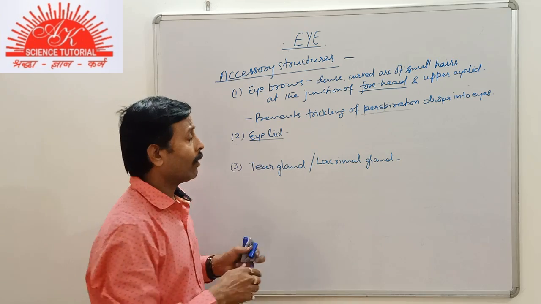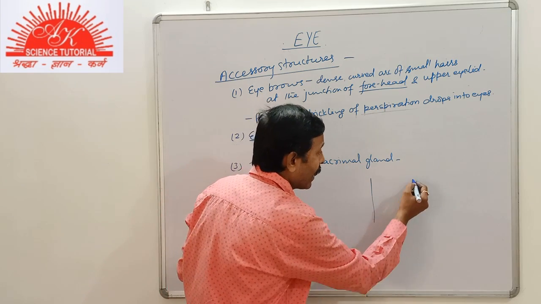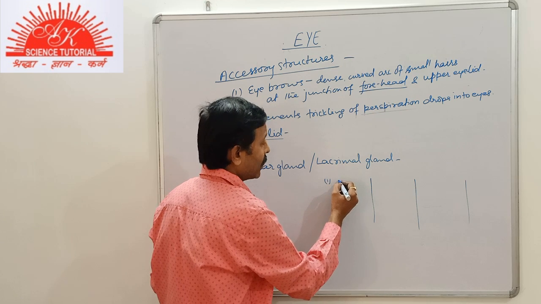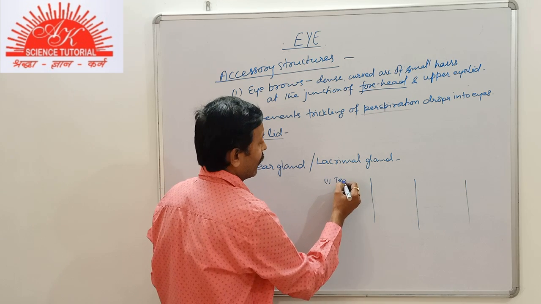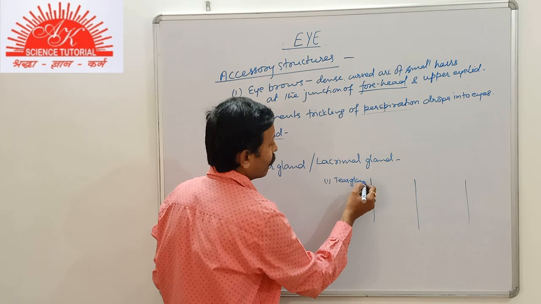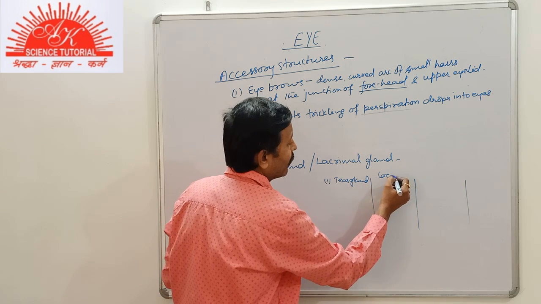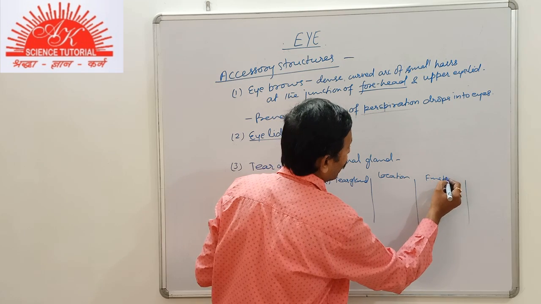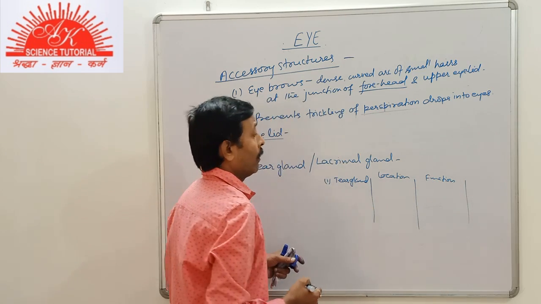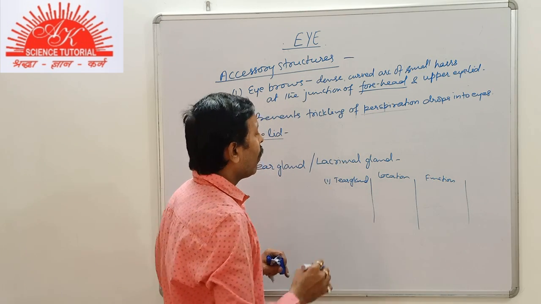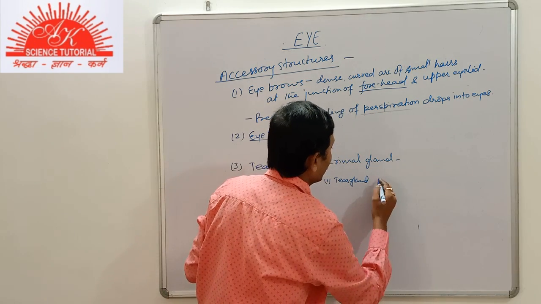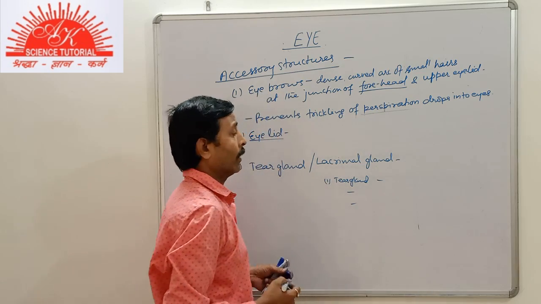So the best way of writing these answers is that you will make 3 columns. In the first part you will name the structure, like suppose there is a tear gland. In this part we will write location and here the function. Or you can also write like this, location and function.